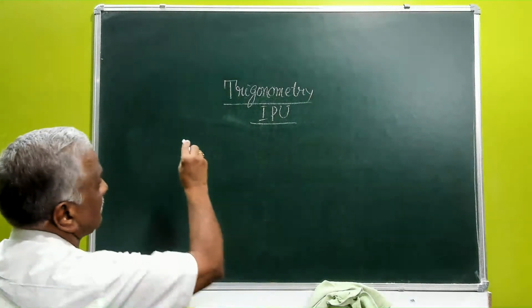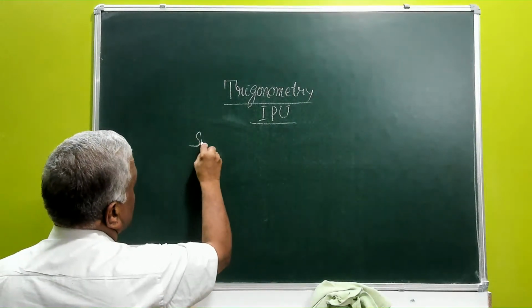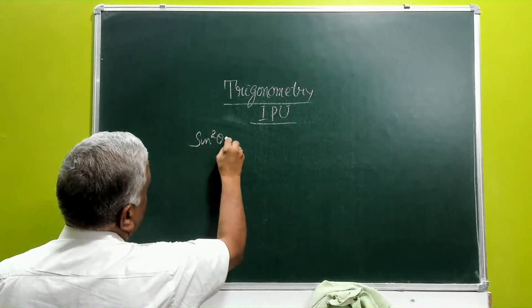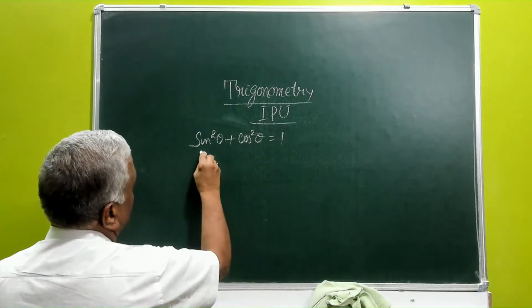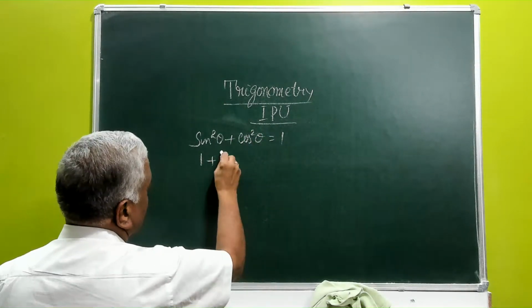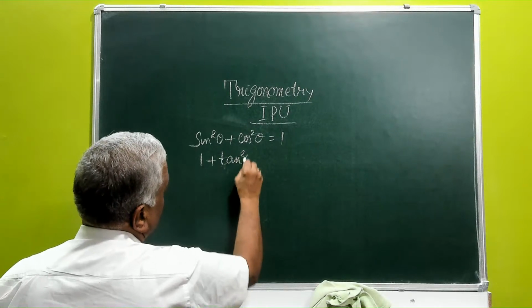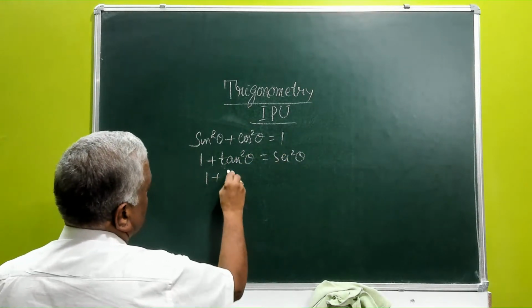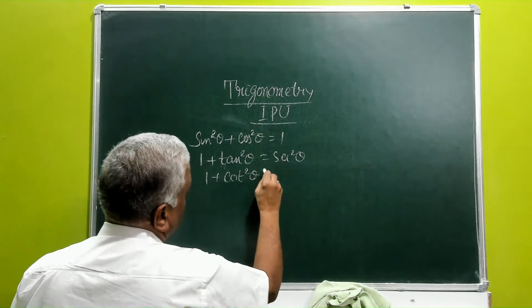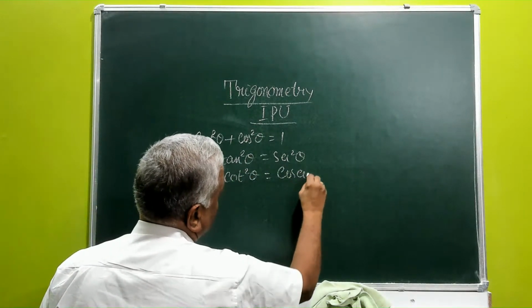The first thing is, we have the basic formulas: sin square theta plus cos square theta is equal to 1. 1 plus tan square theta is equal to secant square theta. 1 plus cot square theta is equal to cosecant square theta.